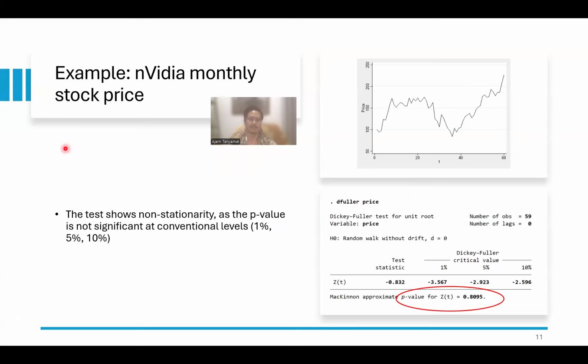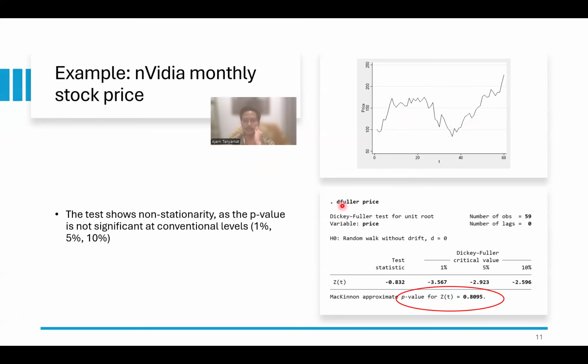All right, let's look at an example here for NVIDIA monthly stock price. In this case, for testing for stationarity, you look at the NVIDIA price that I downloaded. It looks like this. It was going up, down, and up again. It doesn't look stationary, so I think visually we can see it's not stationary.